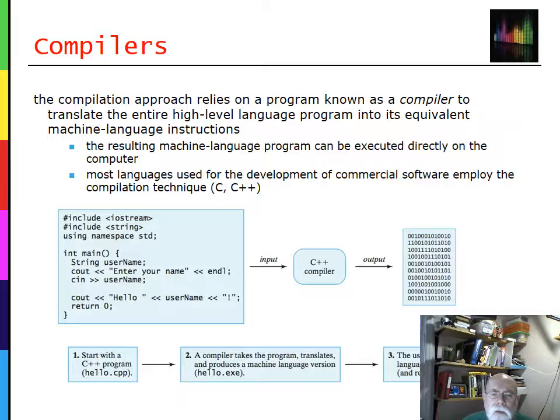In a compiler, this is what happens: its output is machine language, and then you have to execute the program. It produces an exe file. You execute the program, and then once you execute it, it goes to the screen.